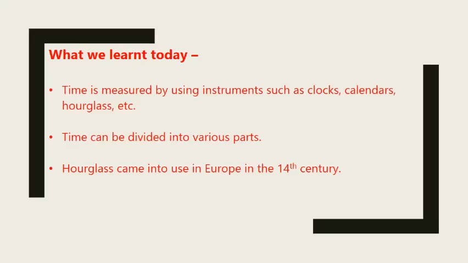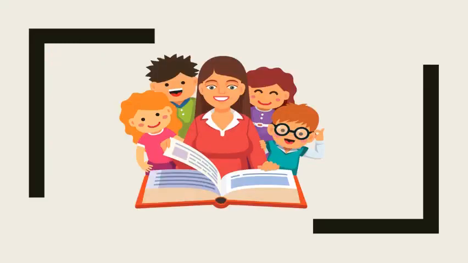Now, as we have finished the explanation of the lesson, kindly open your EVS textbook, page number 31. Please note, in our last class, we already read page number 30. So today, we shall start reading from page number 31.